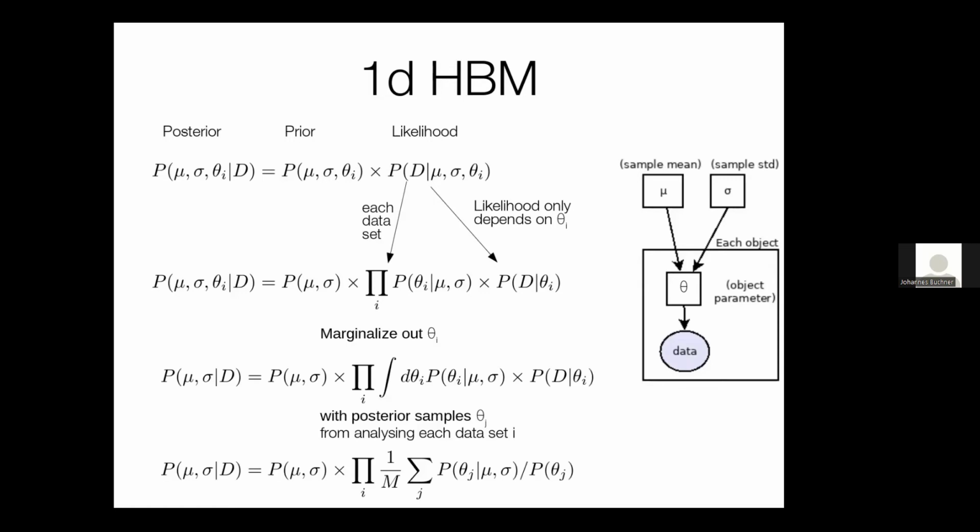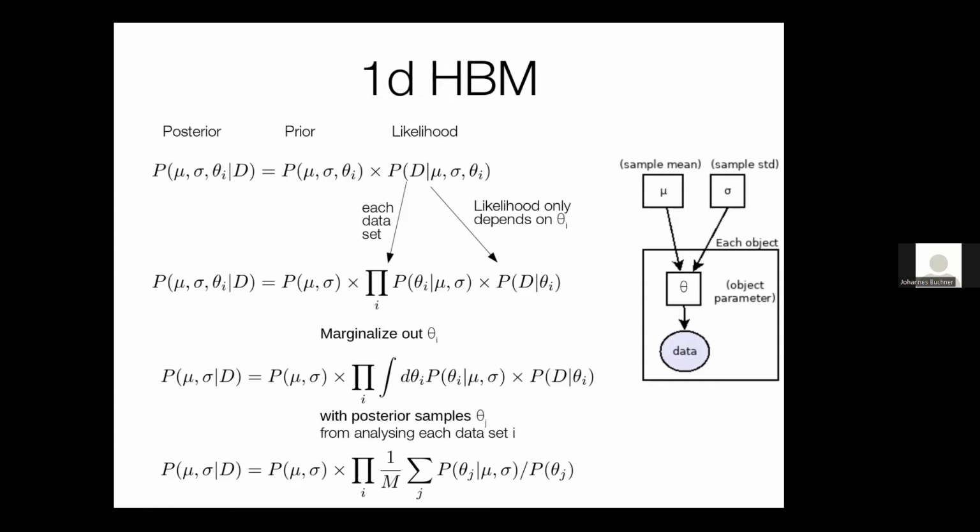Okay, then we can go one step further. If you're not actually interested in these individual object parameters, we can marginalize them out. So we integrate over all these functions. We integrate that away. And what you're left with, if you do this with posterior samples, so you did your analysis, you got these posterior samples of theta, then you can replace that integral with an average, a sum of averages.